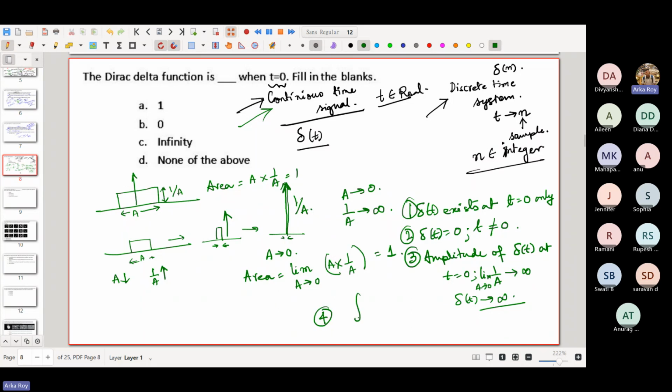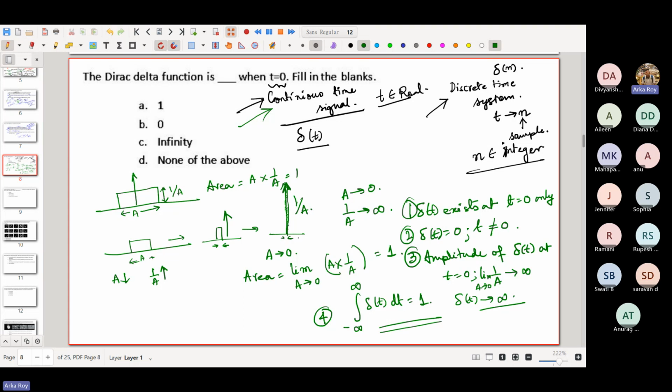And the fourth property is, if you sum over all the time axis, minus infinity to infinity, delta t dt will be equal to 1. This 1 is also justified because if you do the summation, everywhere the value is 0. Only at this particular area you need to calculate the integral value.